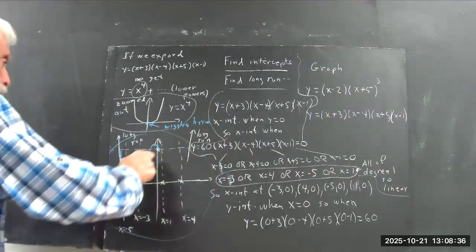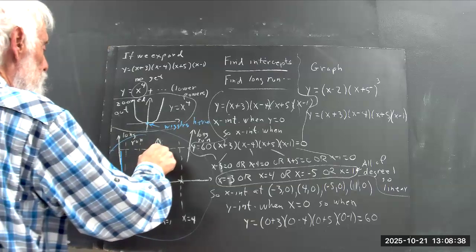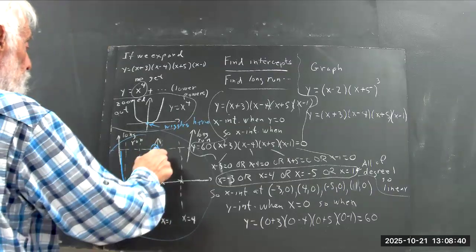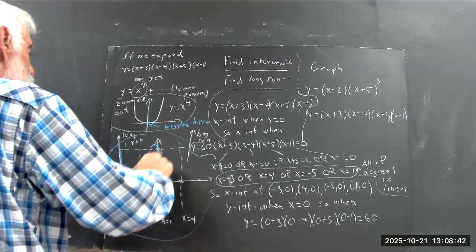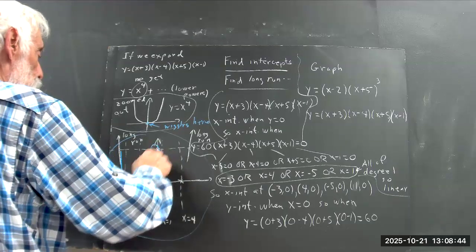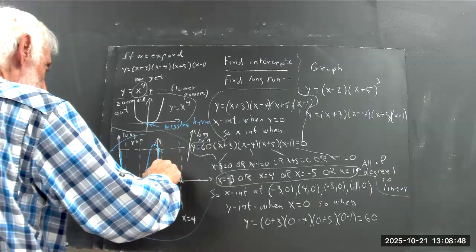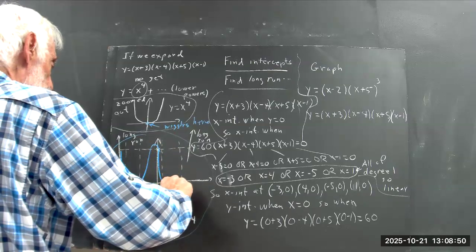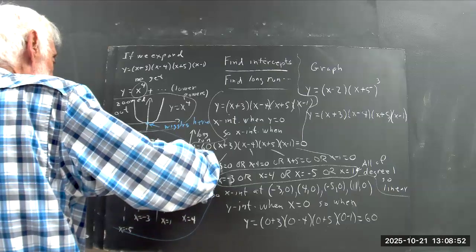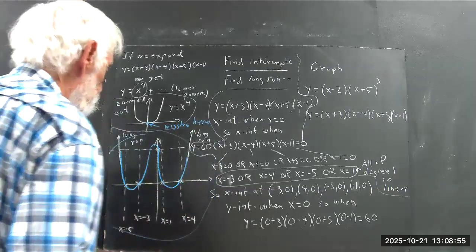So we've got to come up and get through this point. This is unlikely to be our highest point, so we don't try to make this the highest point. We try to come up with a graph that comes down here smoothly, goes through here, turns around here and goes up.